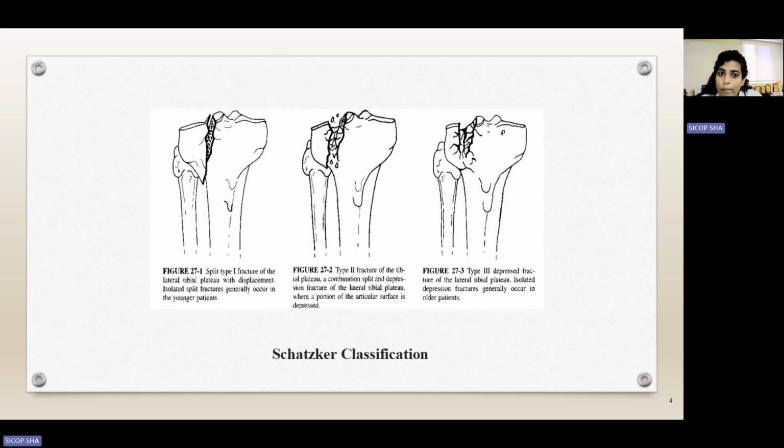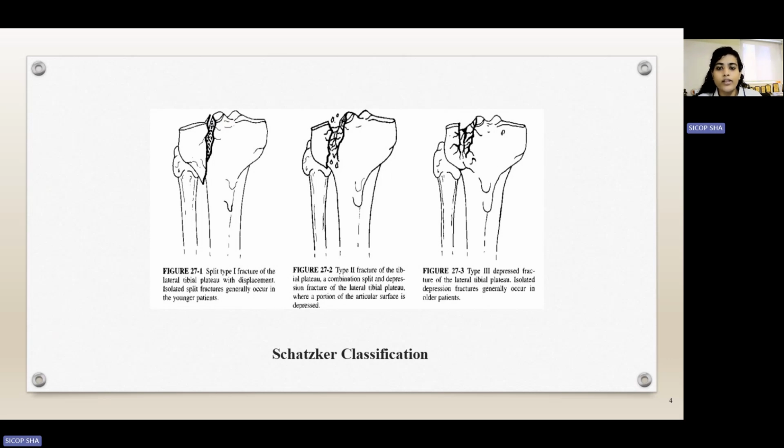But to analyze the depth of the fracture, we need a CT scan, which is the more standard way to find it out. But to determine which type of fracture and how much is the severity, we can go with the Schatzer classification.